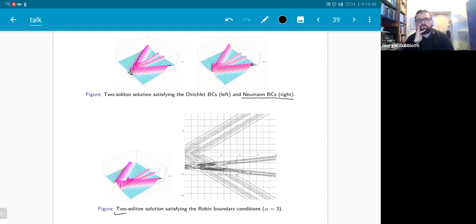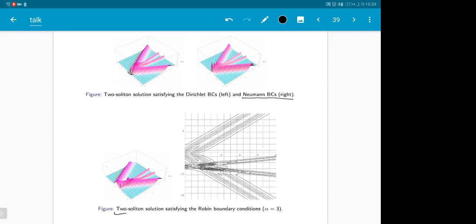Well, this can be done, but because I'm using my pad, I cannot show the animations. Actually, you have the half-line solutions of these fully nonlinear boundary conditions. You can see the soliton bouncing off the boundary, and the interaction, I think what you say is the space shift after interaction with the boundary and the shift of the phase.